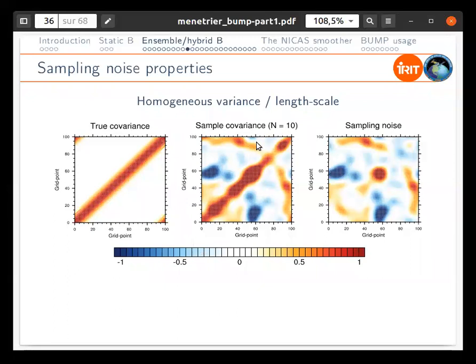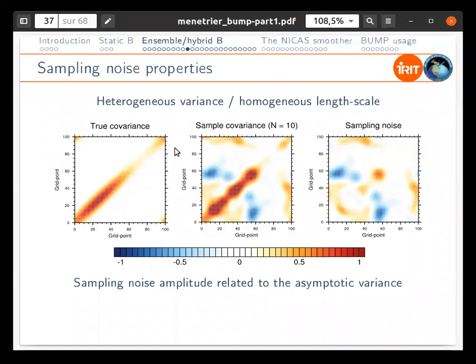I just do the difference between the two, and I get the right panel, which is the sampling noise. Here I changed the true covariance with a smaller variance on the top right quarter and a higher variance on the bottom left quarter. We can see that the sample covariance is changed also, and the sampling noise is smaller in the areas where the true variance is smaller.